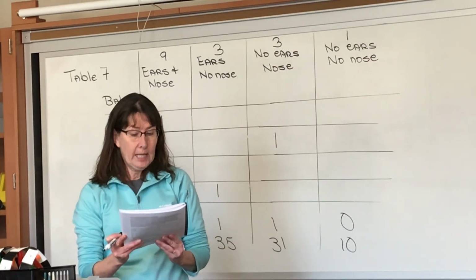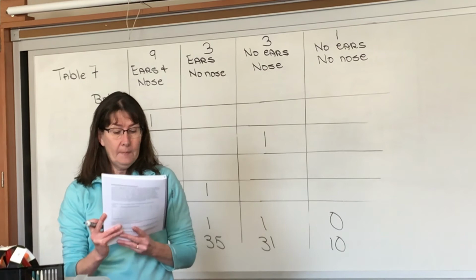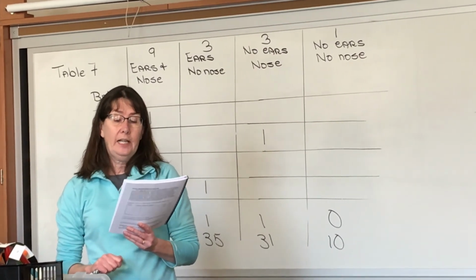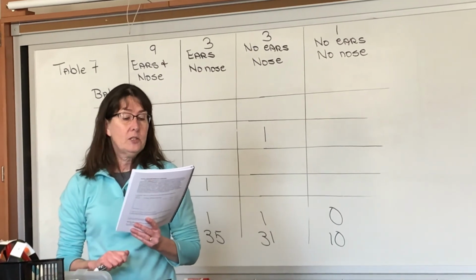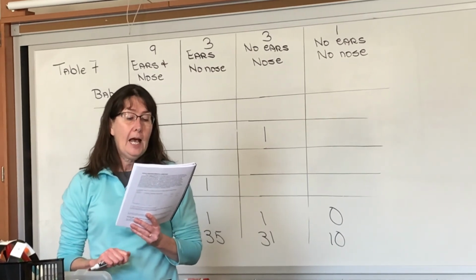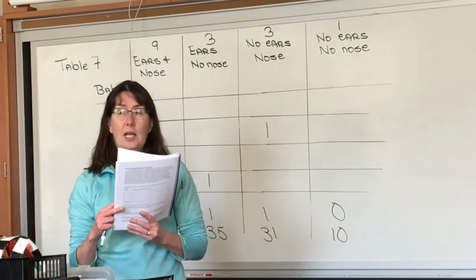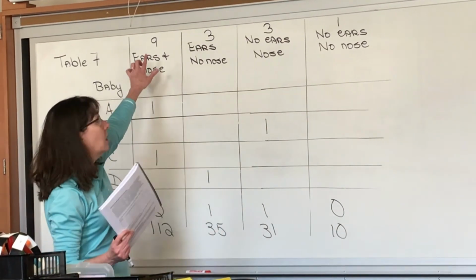If you look in your lab book, the question comes up, assuming these traits are inherited independently and based on your observations, how many of the offspring would you expect to show the dominant phenotype for both traits? There's our 9 out of 16.